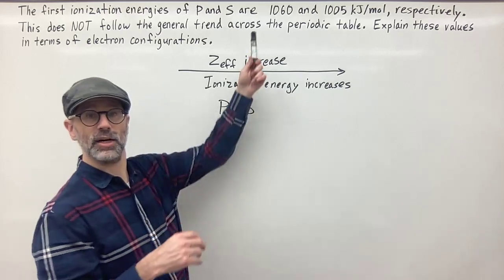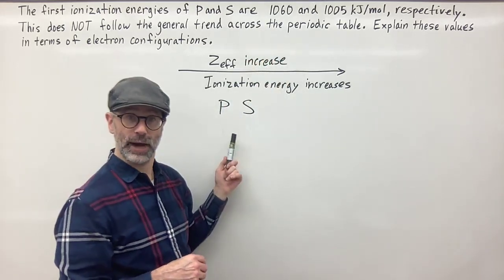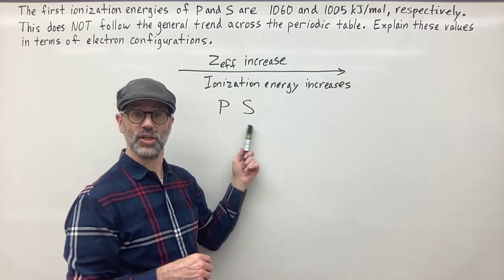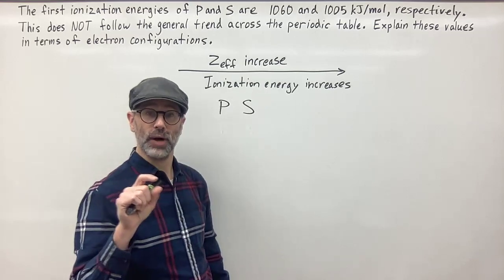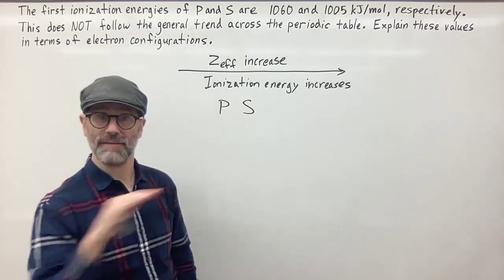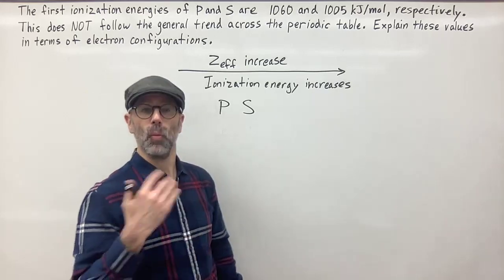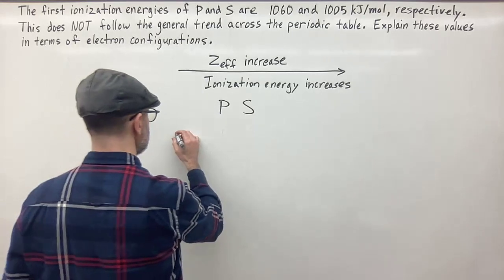But we see here that phosphorus actually has a greater ionization energy than sulfur. Sulfur has a less ionization energy, slightly less, right? Not a whole lot less, but it's still less. It's not following the trend. Why is that? Let's look at the electron configurations.